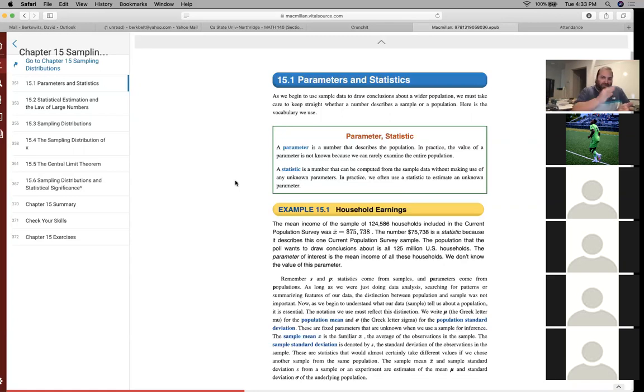I'm going to use the statistic and say, well, because the statistic is 5 feet 8 inches, I'm going to make a good guess that the average height of every American, my parameter, is 5 feet 8 inches. Is it exactly that? Probably not. Is there a little range around my value that I can be relatively confident that the true value is in that little range? Yes. Hence, confidence intervals.